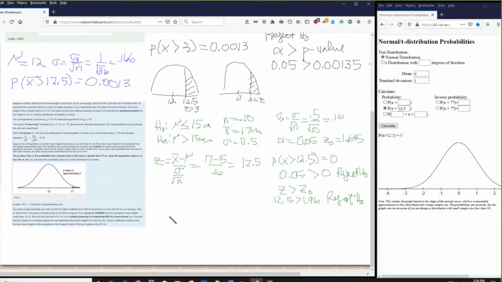If I use a mean of 15, a standard deviation of 0.16, and want to know if the x values are greater than 17, once again that gave me a 0 probability. Okay, any questions?